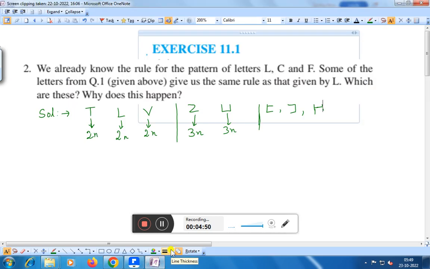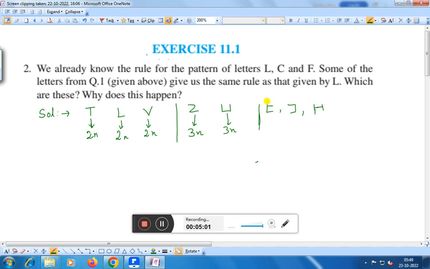Therefore, in case of E, there are 1, 2, 3, 4, 5 matchsticks, which means 5n. And the case of S is also 5 matchsticks, which means 5n.